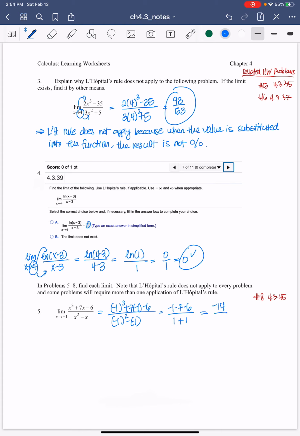And then on the denominator, I have 2, which gives -7. So you can see that for this one, L'Hopital's rule does not apply. We don't get 0 over 0. So our final answer is -7.